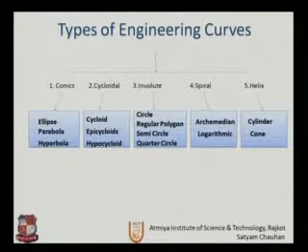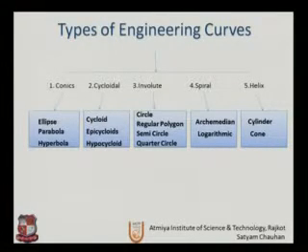Next in our family is involute. Involutes cover circle, regular polygon, semicircle, quarter circle, and we will learn how to create involutes of different geometries like triangle, square, pentagon, etc. Fourth, we have spiral.